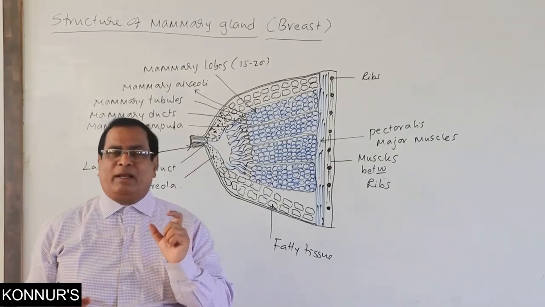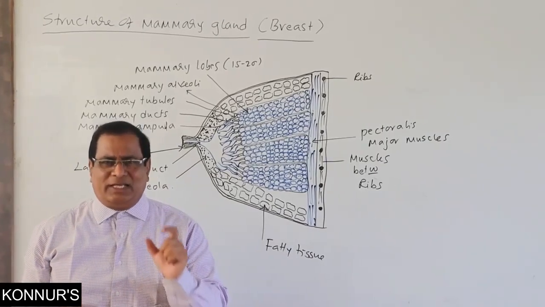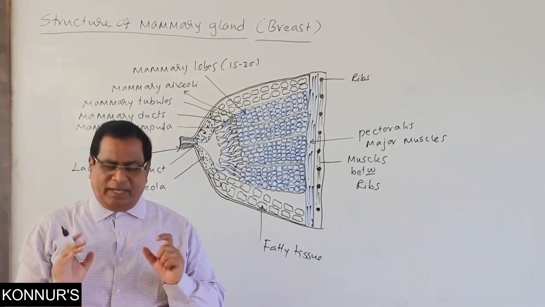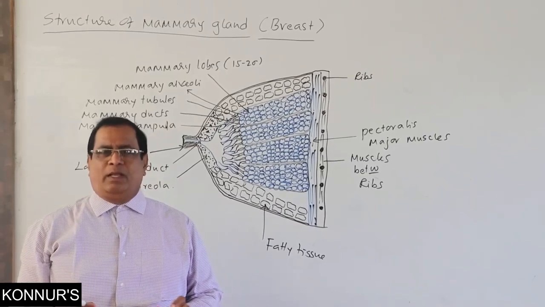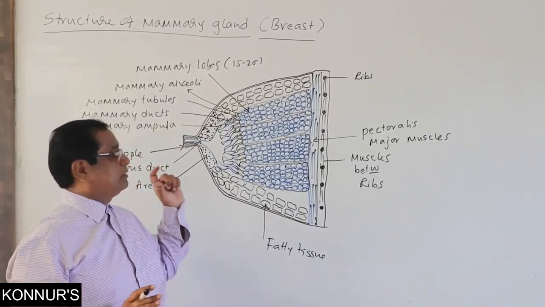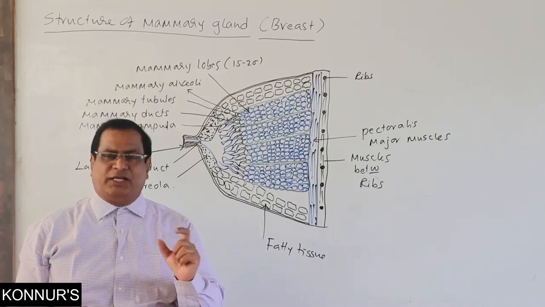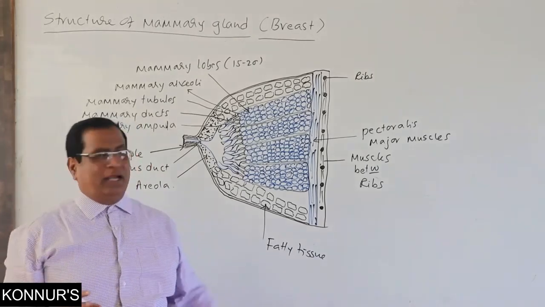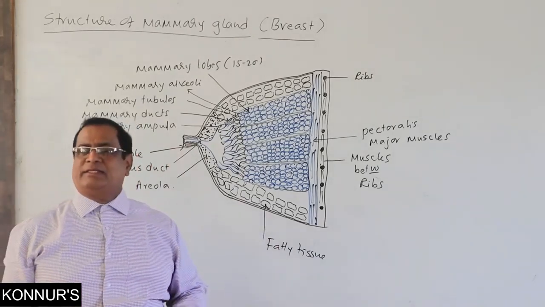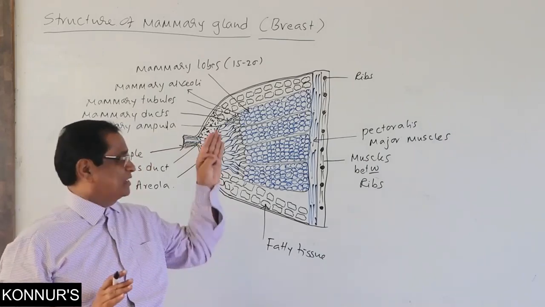A pair of mammary glands are an integrated part of the female reproductive system, and these mammary glands are functional in females. These pair of mammary glands are also named breasts.